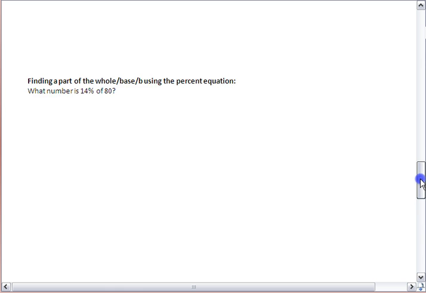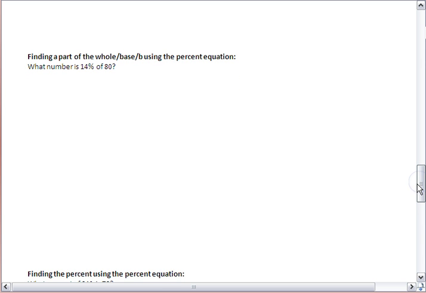So let's look at this one. Finding a part of the whole base using the percent equation. Okay, so this one's saying what number is 14% of 80? All right, again, remember is equals and of is multiplication.